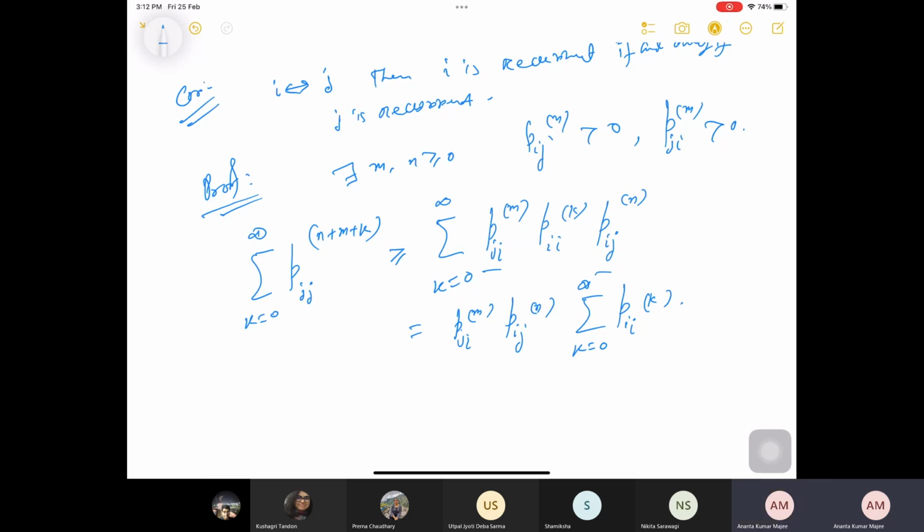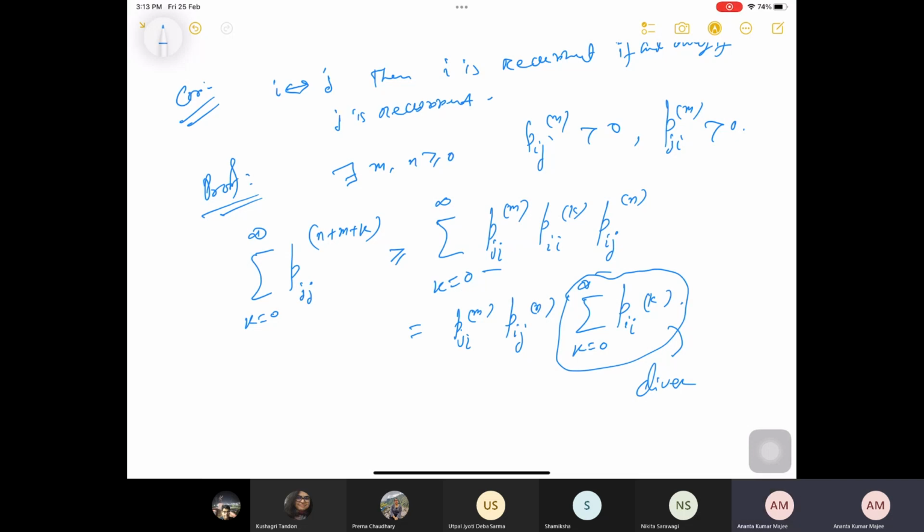Okay. So now you see that if this one is divergent, that means if this is equal to infinity, then this should be divergent. Is it not? That is why I say that for a recurrent state, the summation over k equal to 0 to infinity of Pii of k is equal to infinity.